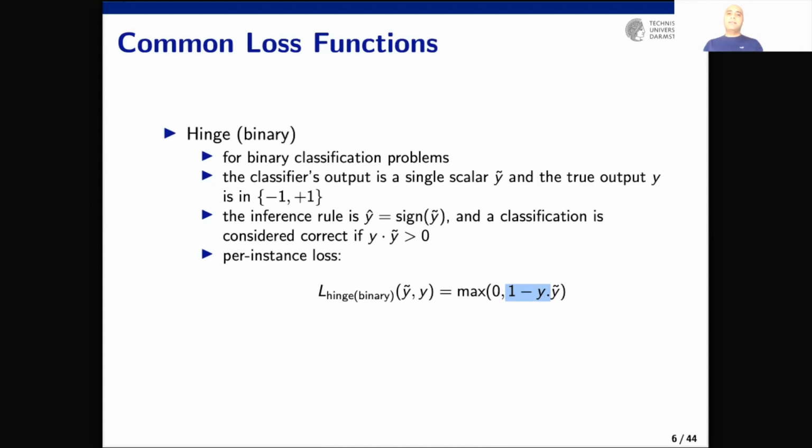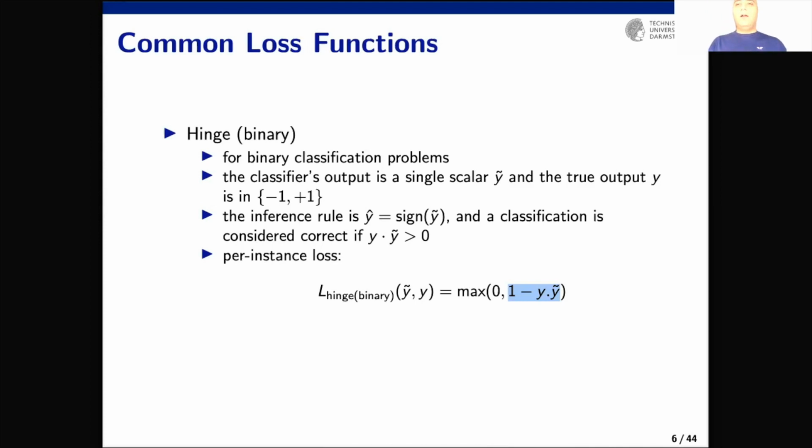And if the number is less than 0, the loss is 0, right? So we do not need to update anything. But if the number is between 0 and 1, then the maximum number is this number. So let's say 0.5, for example, then the loss value is 0.5. Then we get back and we update the parameters of the model.